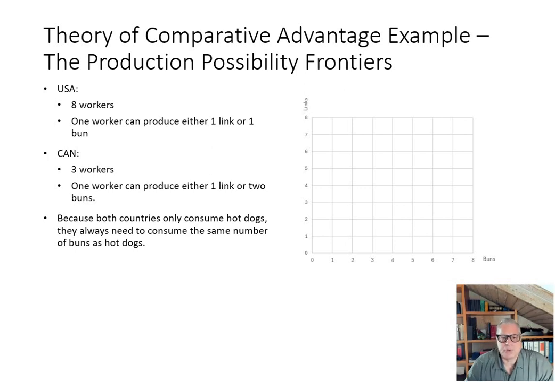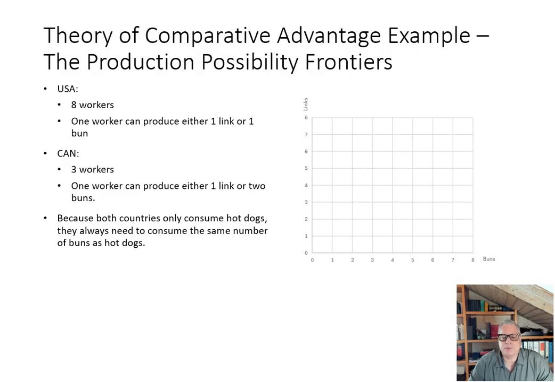Okay, let's jump into deriving the theory of comparative advantage, and we will do that in several steps, and in each step we will emphasize one particular important economic concept. The first one is the production possibility frontier.